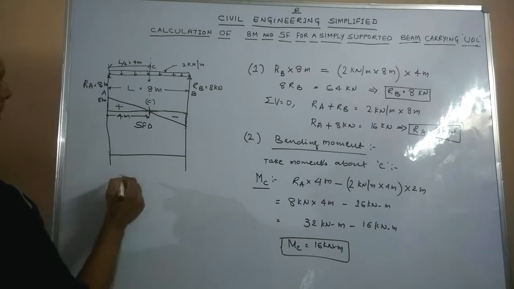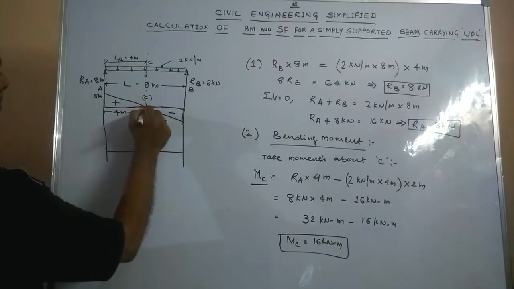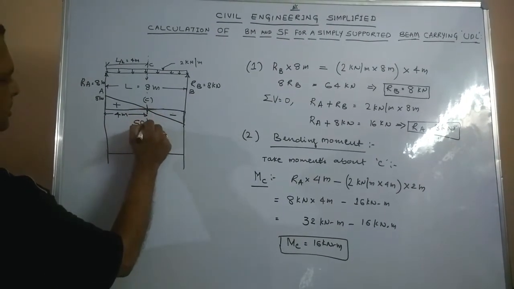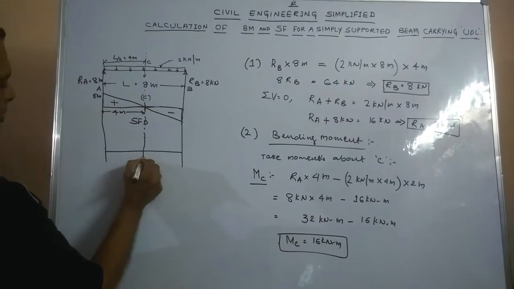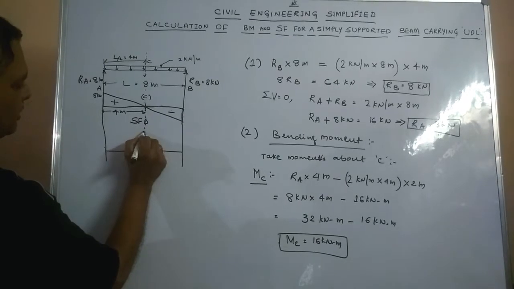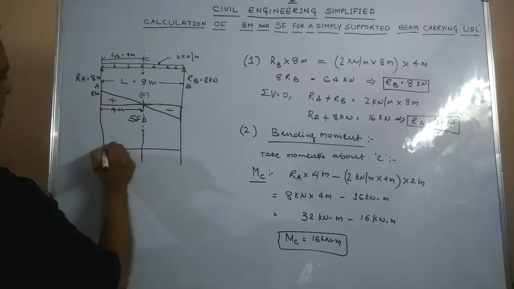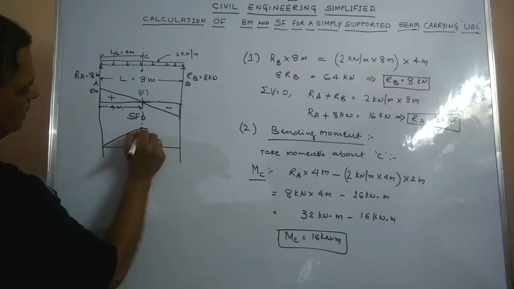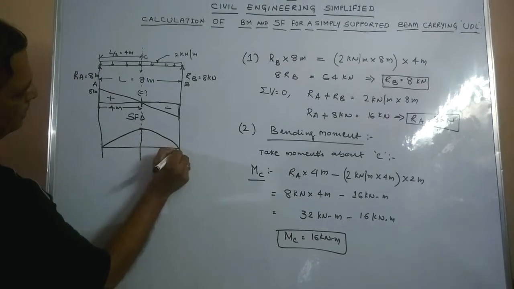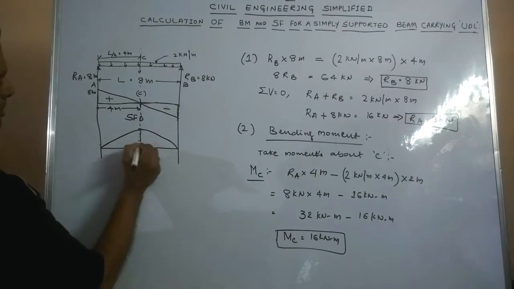I will draw a horizontal line again. I will extend the point where the shear force changes its sign, that is the midspan of the beam. This is the point where the maximum bending moment occurs, and from 0 up to 16 on the left hand side, continuing on the right hand side, this again becomes 0 here.